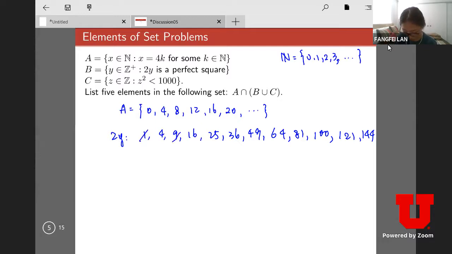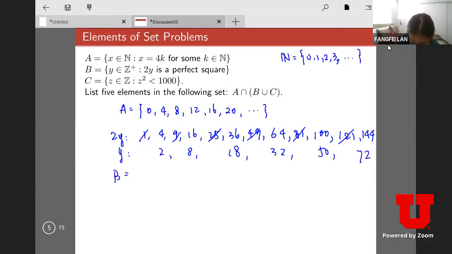These ones we can't use, but the rest we can. Solving for y, we get 2, 8, 18, 32, 50, and 72. So that's our set B. It just keeps going.